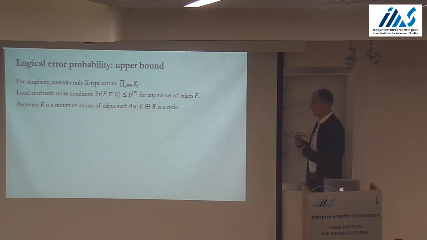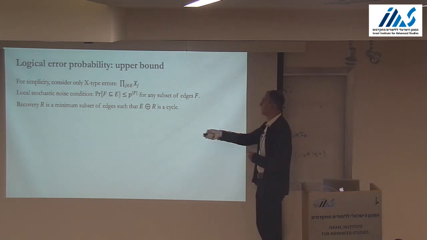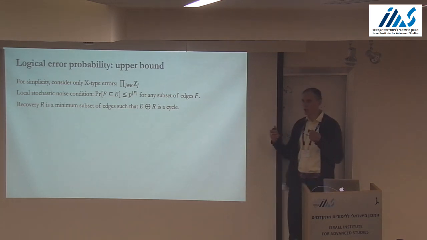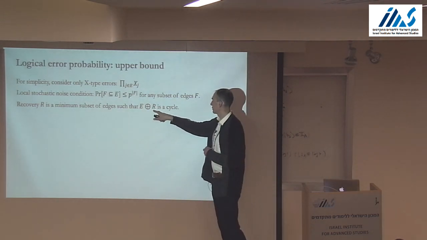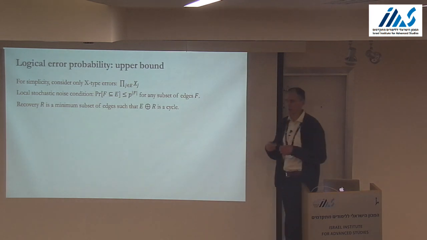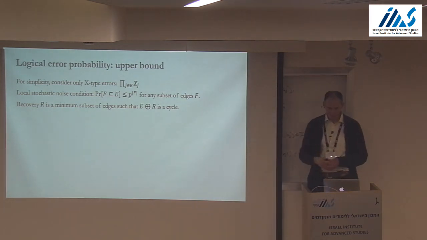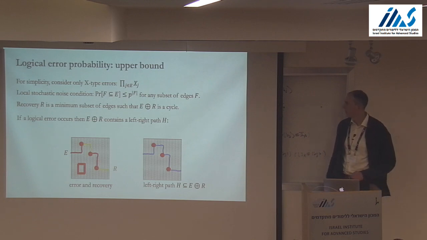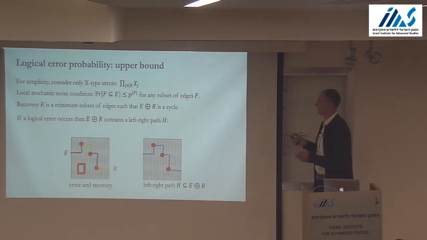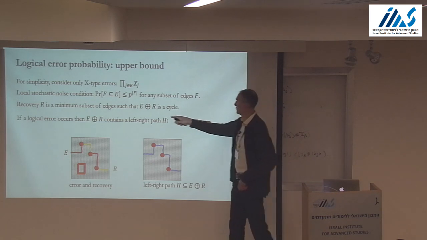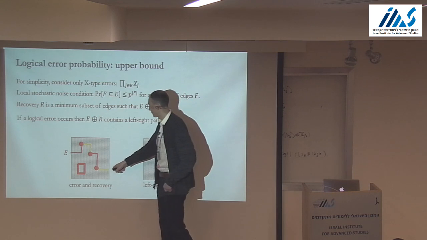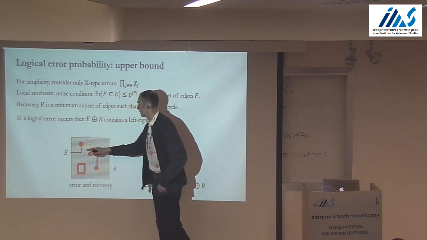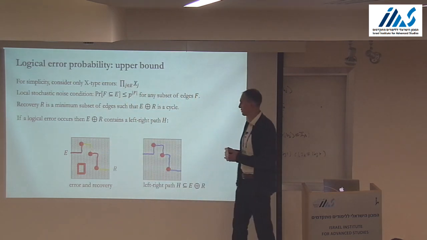By definition of minimum weight recovery, we choose the recovery as an X-type Pauli operator with the property that the combination of error and recovery is a cycle or a combination of loops. And a logical error happens only if this cycle is non-trivial, in the sense that it contains at least one path connecting the left and right boundaries of the lattice.